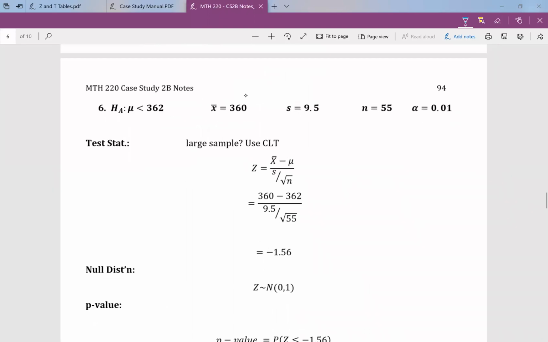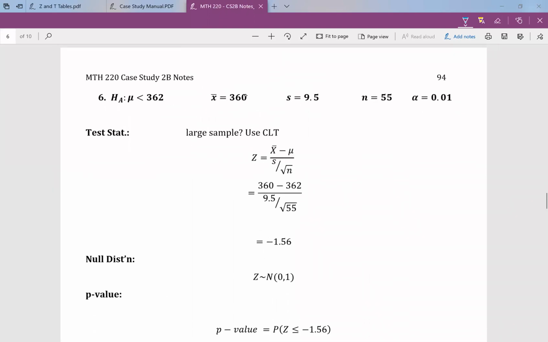Go ahead, zoom in here a little bit. This is the time where I would draw my picture. Down here at negative 1.56. And I want to shade the area that's less than because it's a left-tailed test.